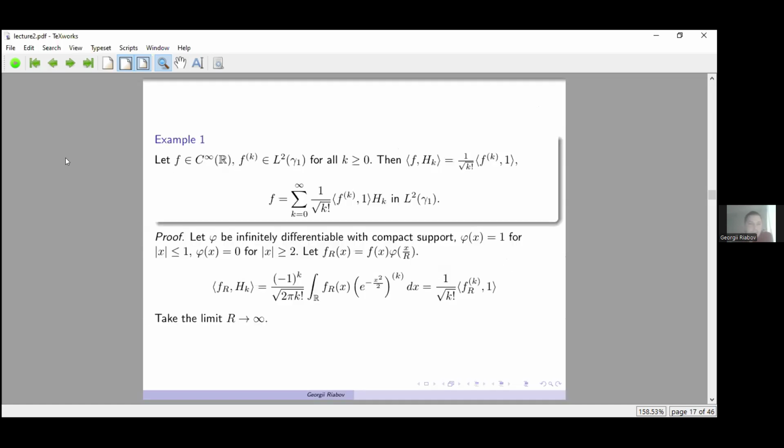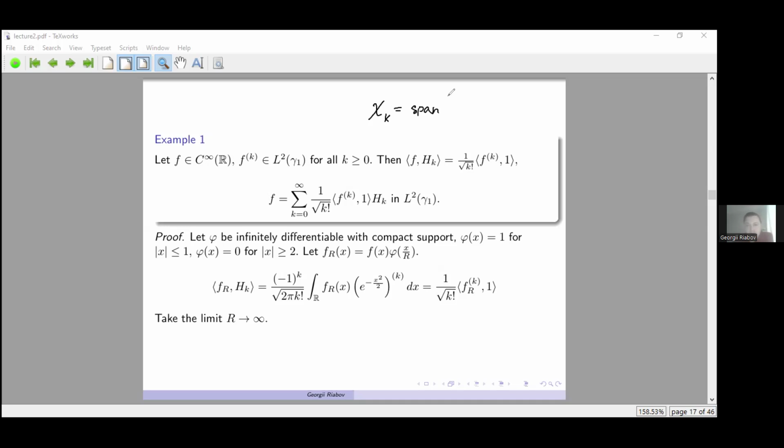So as an example, let's consider the one-dimensional case and let f be infinitely differentiable functions such that all the derivatives of f are square integrable. In the one-dimensional case, the space X_k is just a one-dimensional space.